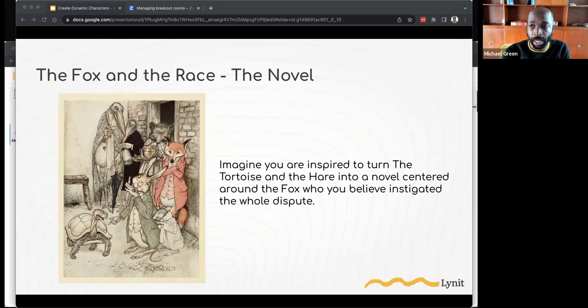In addition, as we go through different sections, I want you to think of a character that you're familiar with. This can be a character that you've written before or are working on, or even a character from a book, movie, or TV show.